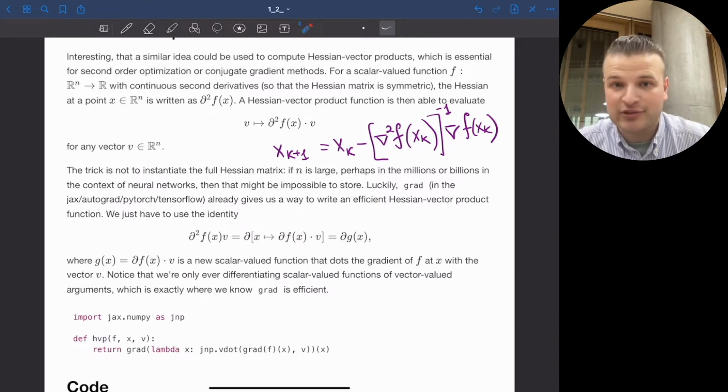And the gradient of this transformation actually means multiplication of the Hessian by a vector, or Hessian vector product.